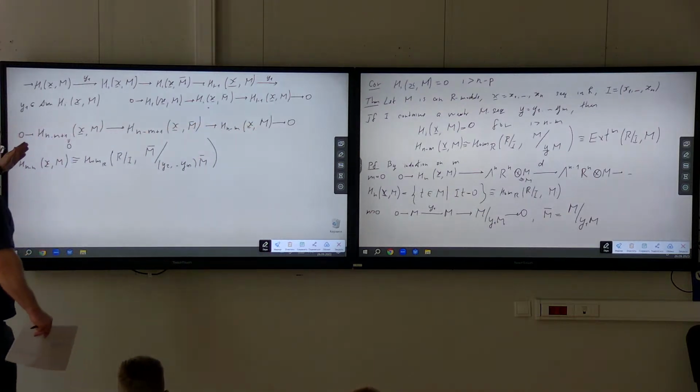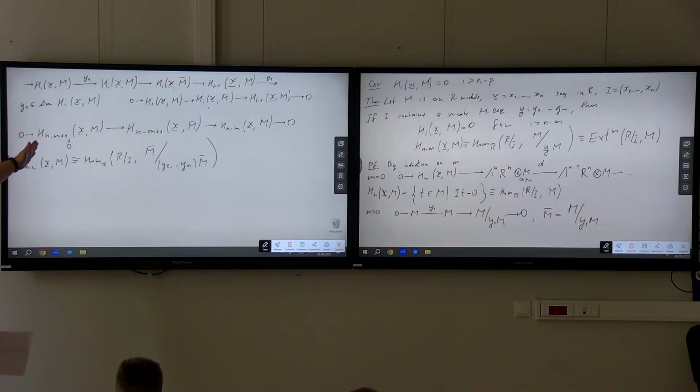This vanishing we have because we proved vanishing, and this lives not in n minus m, but one step to the left where we already have vanishing. So this is 0. In other words, i, which is n minus m plus 1, is greater than n minus m. So this is why we have vanishing.